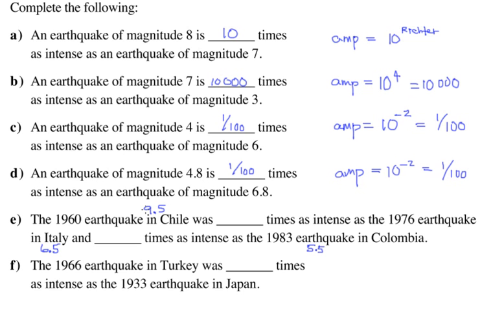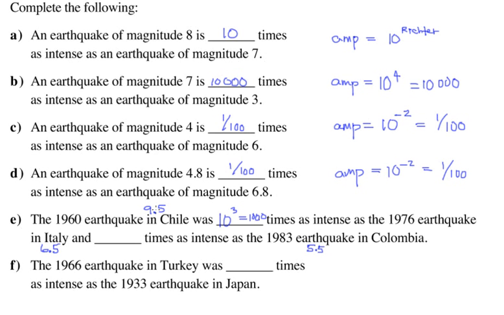So, Chile compared to Italy. 9.5 minus 6.5 means our Richter difference was 3. So this is 10 to the 3, or 1,000 times worse, the earthquake in Chile was.